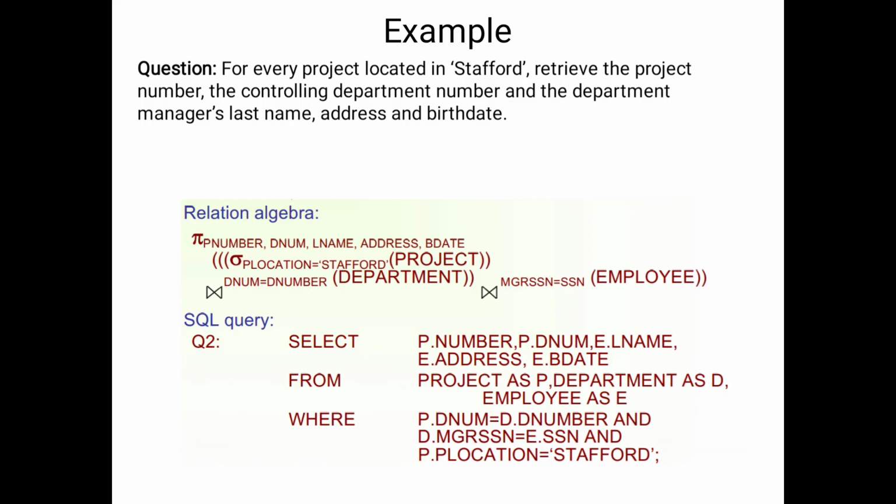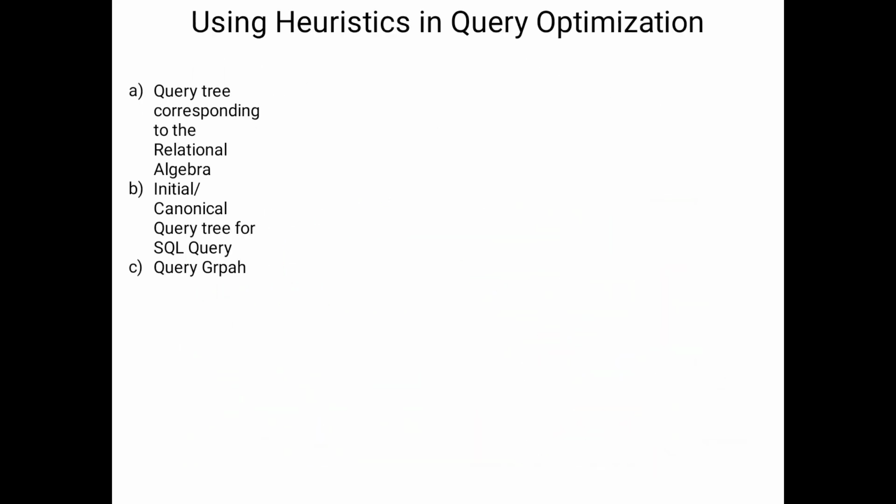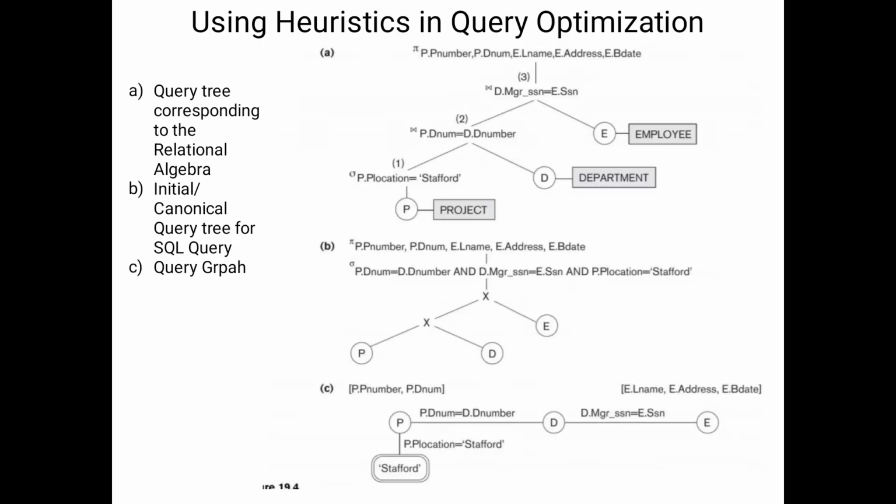Okay, actually with the help of this query, first the background process converts it into a relational algebra expression. Here please observe the relational algebra also. Actually, what three steps are involved? First we will consider the query tree corresponding to the relational algebra.